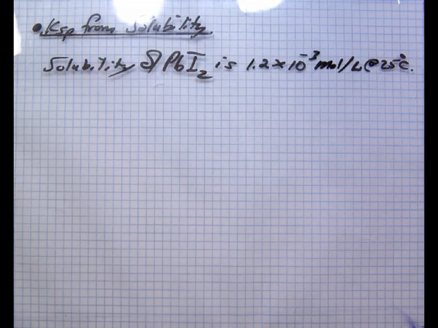You'll find all these problems will give you a temperature. Standard, when you get a table, will be at 25 degrees. But in consideration of changing temperatures, salt solubilities will also change. Unless there's a very specific reason for changing temperatures, we'll stay with 25 degrees in this chapter. Now, when we get to thermodynamics, we have an experiment where you warm it and get a new solubility constant. But anyway, that's for something else.